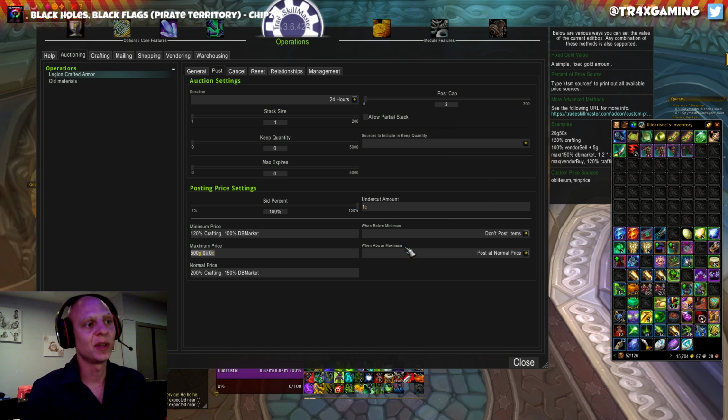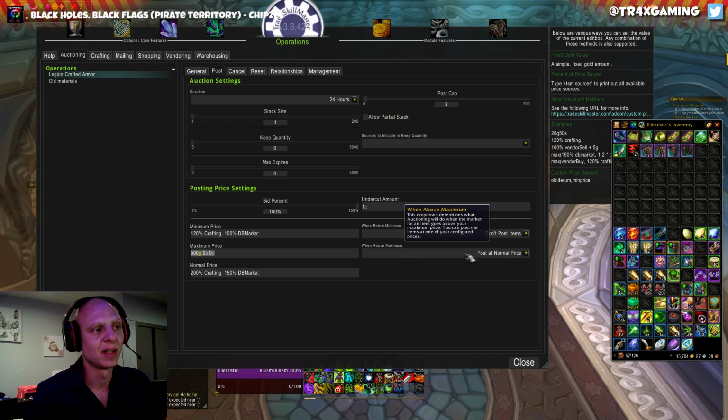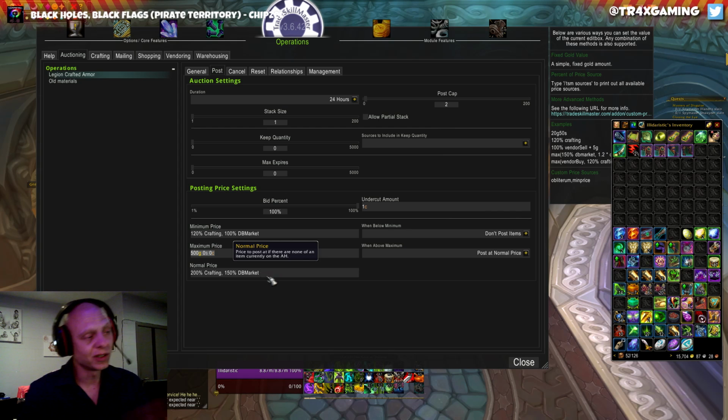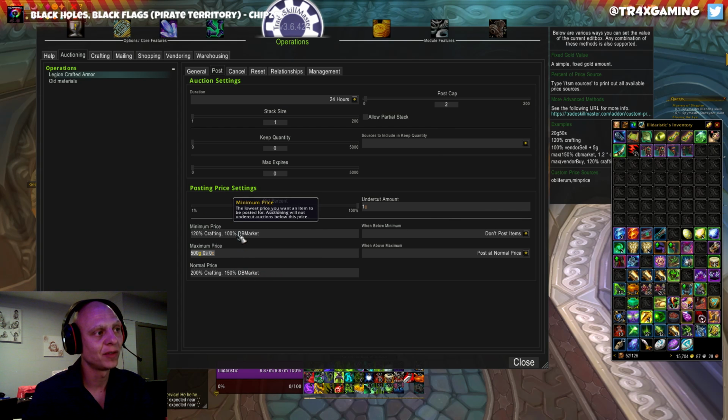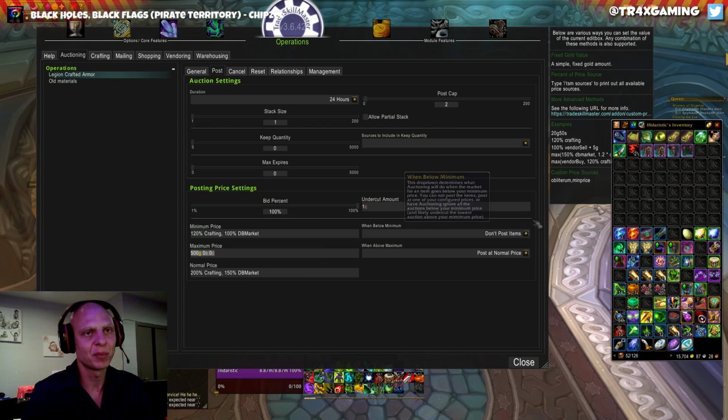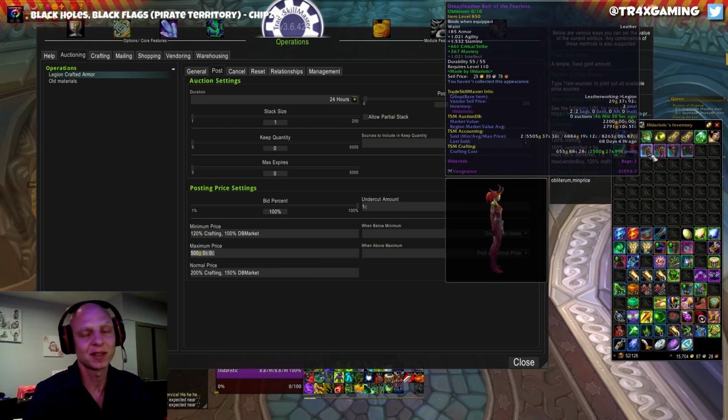And in this case, when above maximum, post at normal price is activated, what is going to happen? I'm going to list this half of the price extra, 150%. So instead of 655, it's going to post it for 975. I'm going to make this item more expensive.